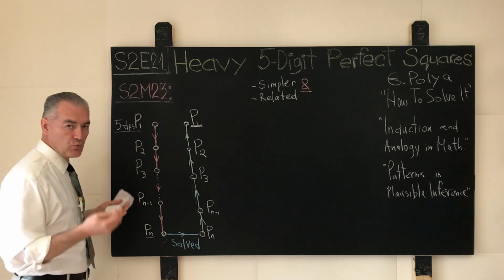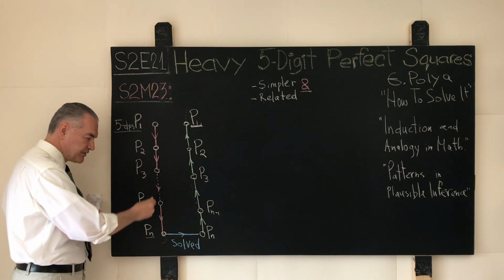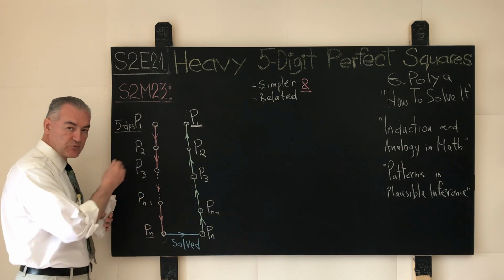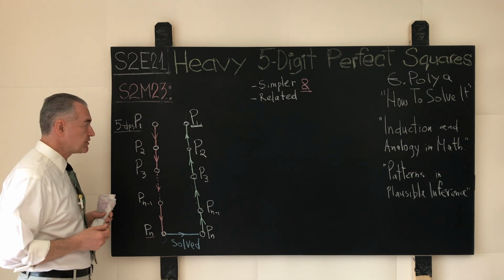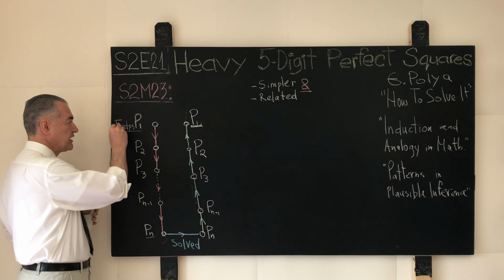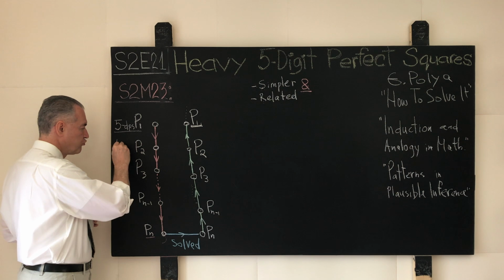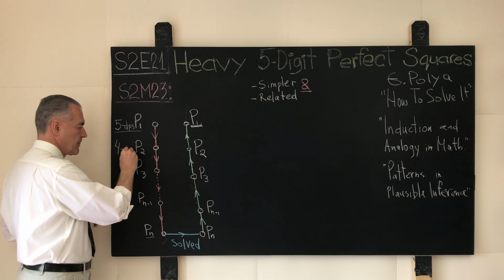So now we think we're onto something. Our pessimistic, optimistic chain of reductions from the previous segment may be built around the parameter called the width of the perfect square. So now, instead of a 5-digit perfect square, what about a 4-digit perfect square?